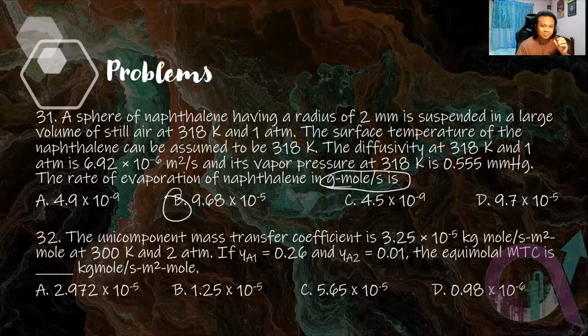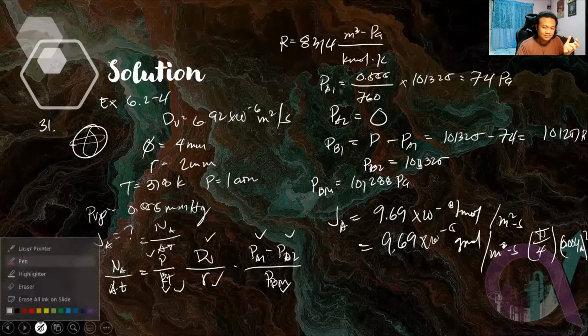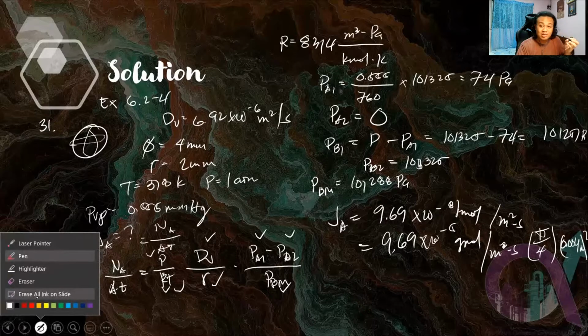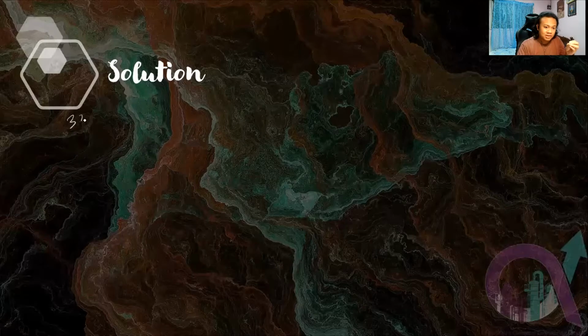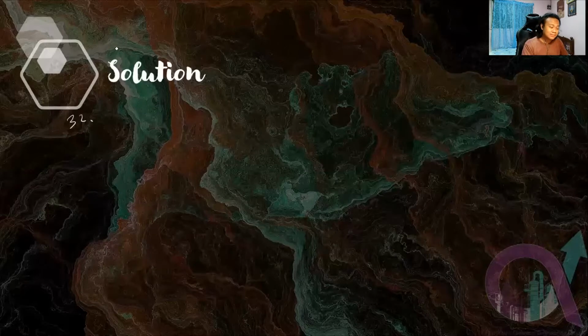I really don't have the table for this, but you can just stick with me on this one, number 32. So this is how you can transform that if you are just given the molar fractions. You can transform that by using this.